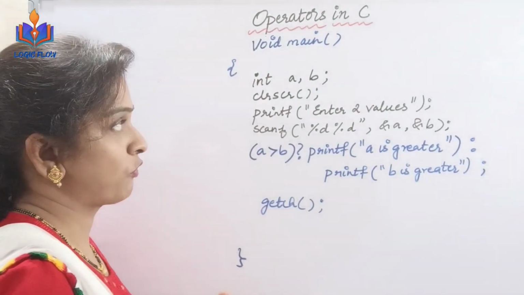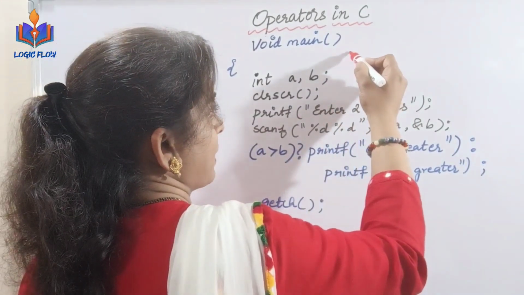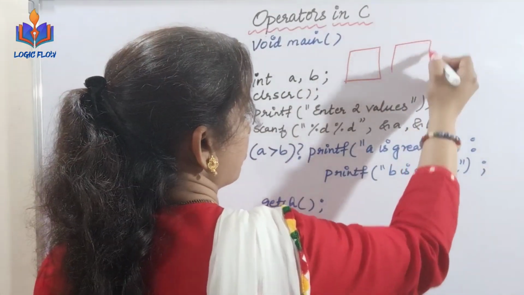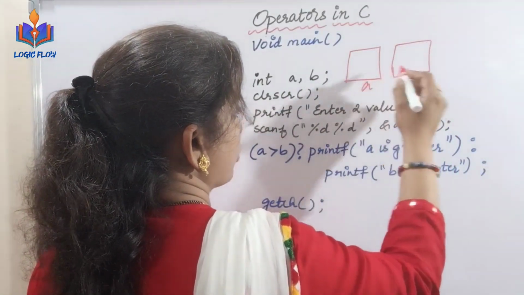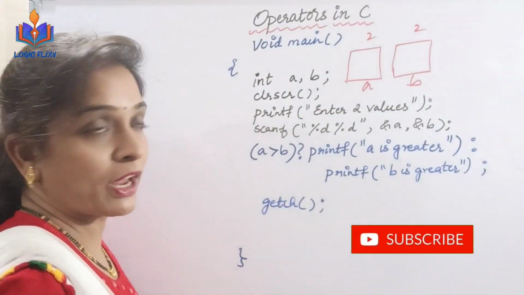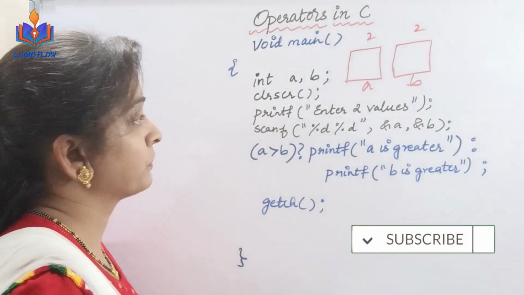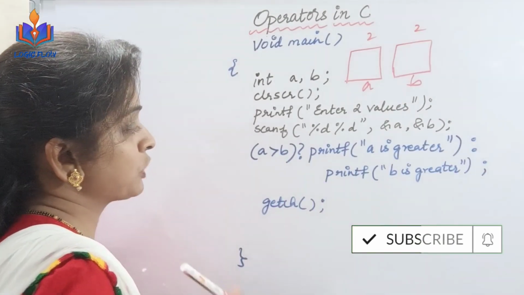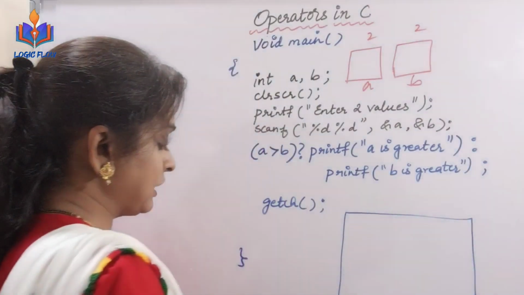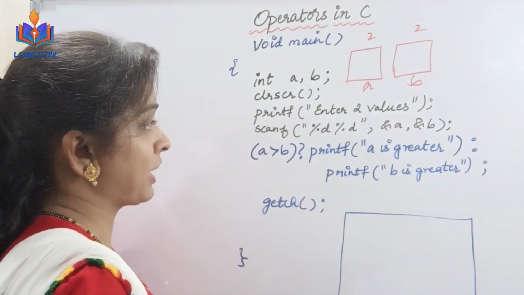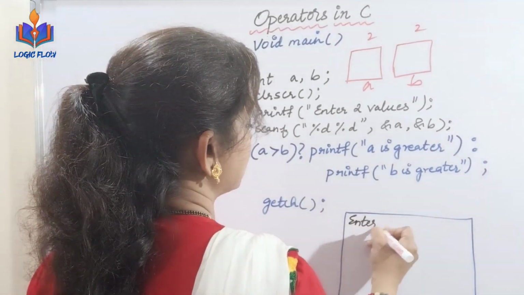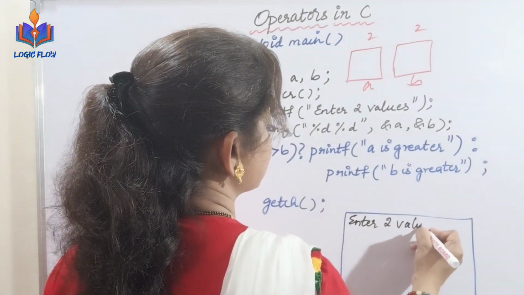Let us see the dry run of the program. As soon as the compiler encounters the variable declaration statement, it allocates memory for the two variables. So we get 2 bytes of memory for a and 2 bytes for b. While memory is allocated, values are not yet filled. Then let me write the output screen. The first message I get is "Enter 2 values".